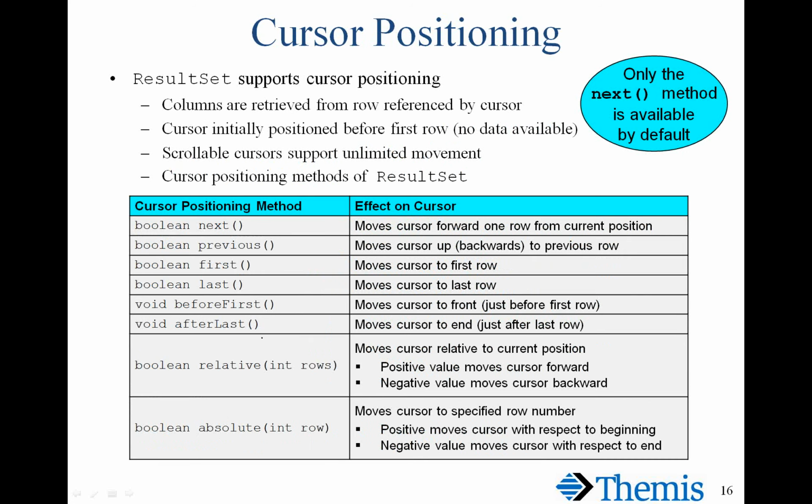So if you have a scrollable cursor, in addition to the next method, which is always available for any cursor, you can also back up, jump to the beginning or the end, or even before the beginning or after the end. And you can also move a relative number of rows, like back 5 or forward 10, or you can move to an absolute position, such as go straight to row 7.